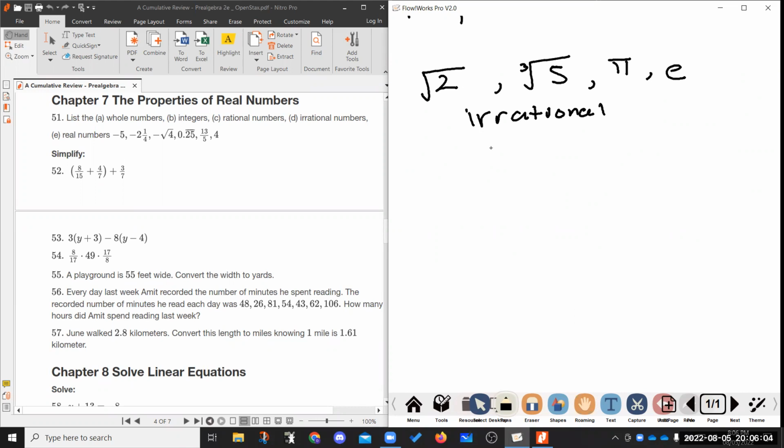Irrational numbers, remember, are non-terminating, non-repeating decimals.